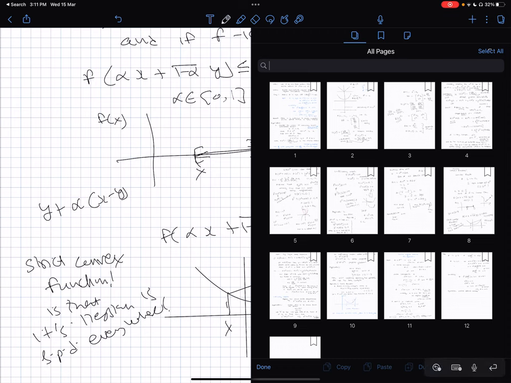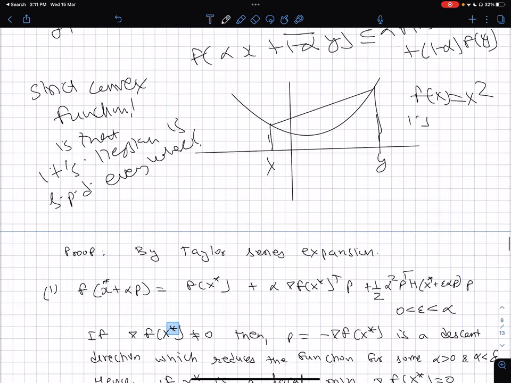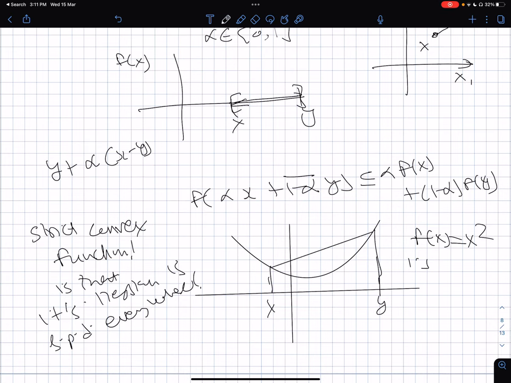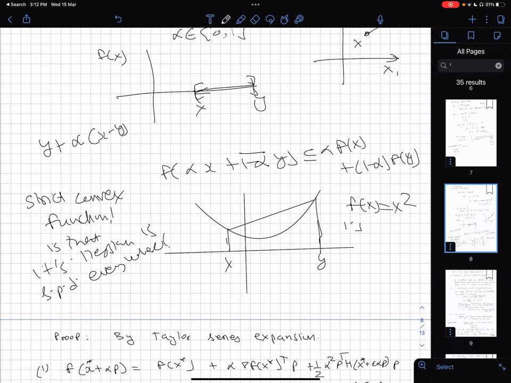This is an if and only if property. If it is SPD everywhere, then you can also say that the function is convex. So for example, f of x equals x square is a convex function because its second derivative 2 is SPD. If you take x1 square plus x2 square, it is also strictly convex because its Hessian matrix is twice the identity matrix. So there are many examples of convex functions. And again, positive definiteness of the matrices plays a very important role there.